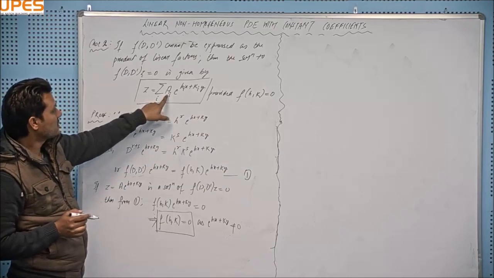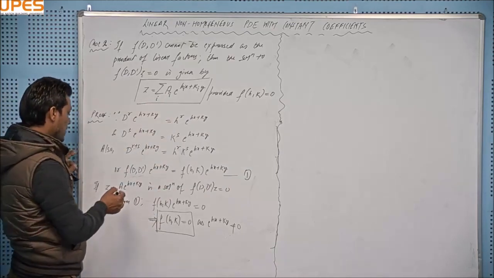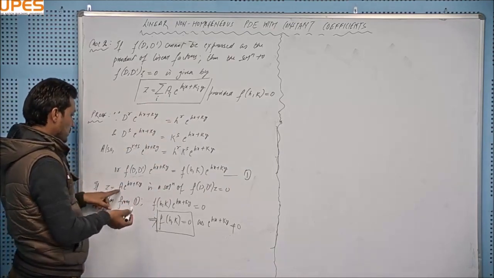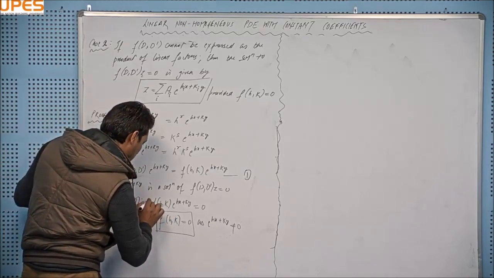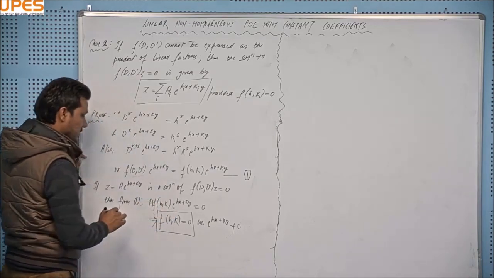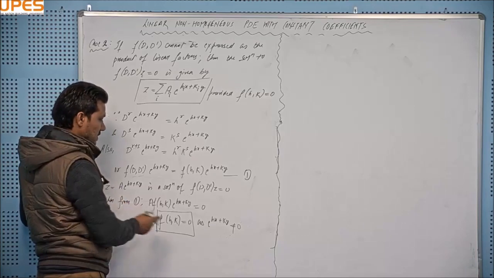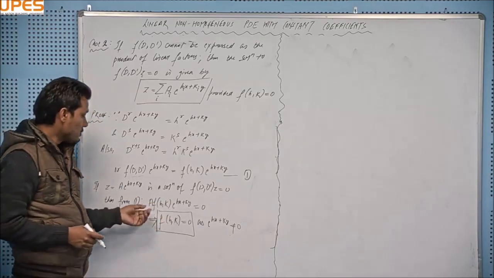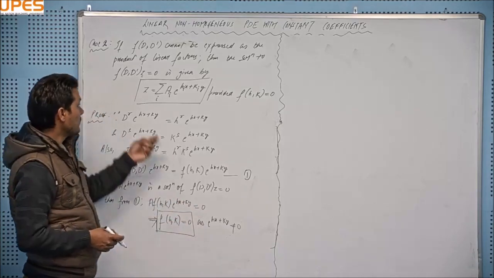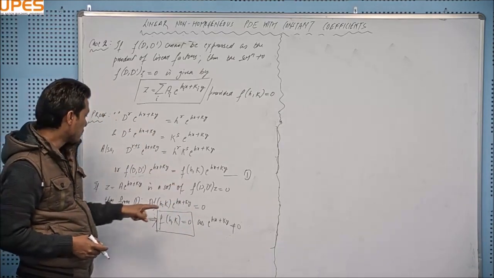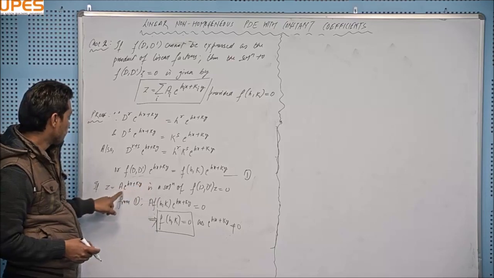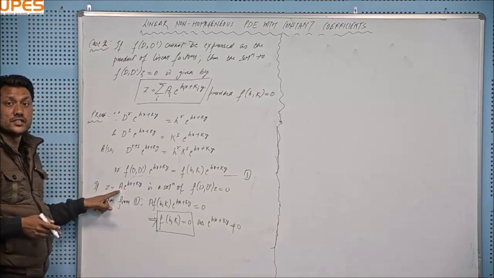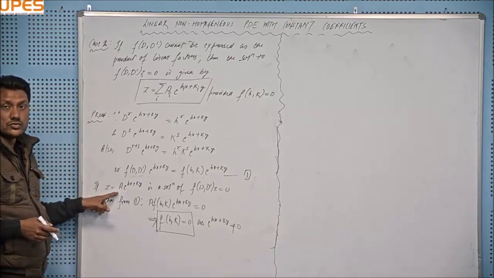If you want this as a solution of this equation, this condition has to be satisfied, right? And why I have written this A here, because I actually assumed capital A here, so I have to write capital A. Okay, right, this has to be 0. Obviously you don't want capital A equal to 0, because if you take capital A equal to 0, then you will get a 0 solution. We are not interested in 0 solution, we are interested in non-zero solution.